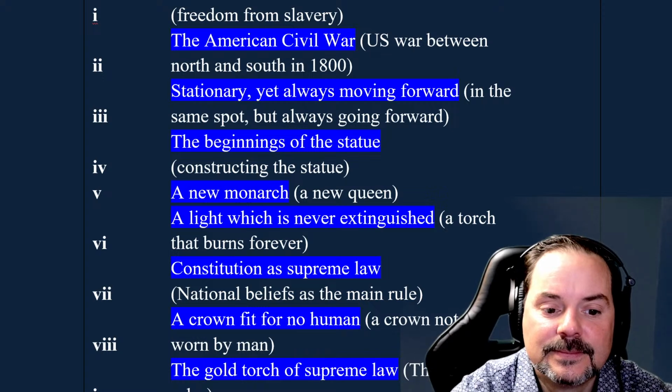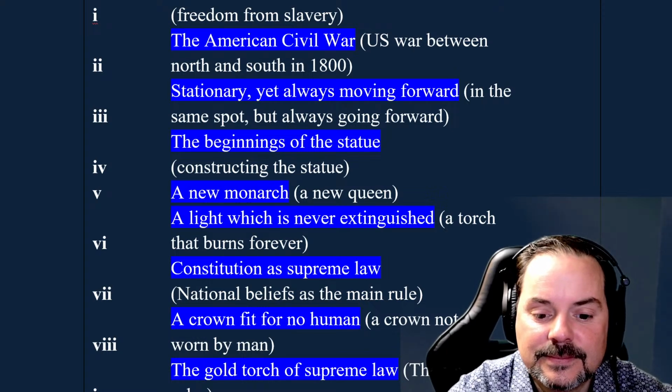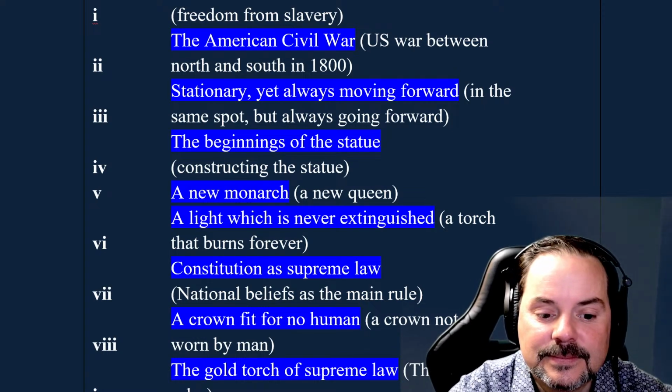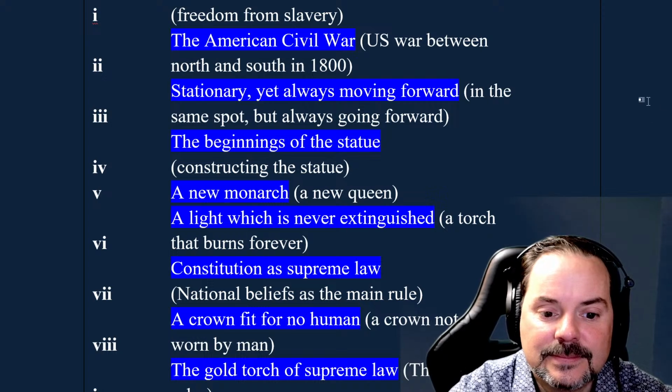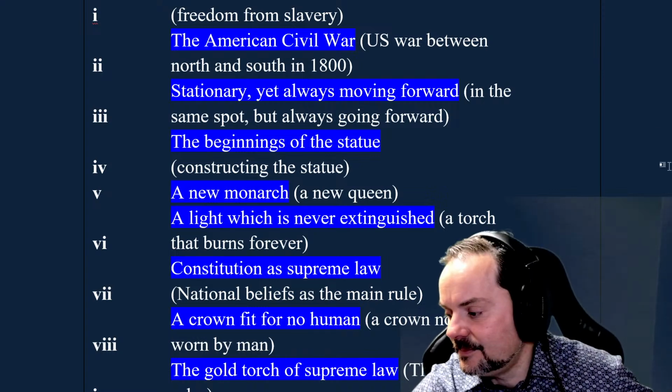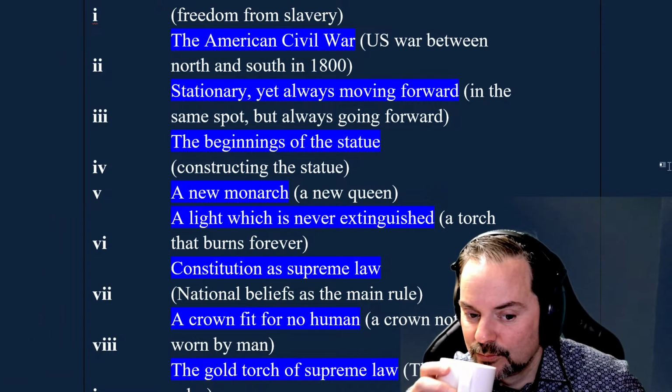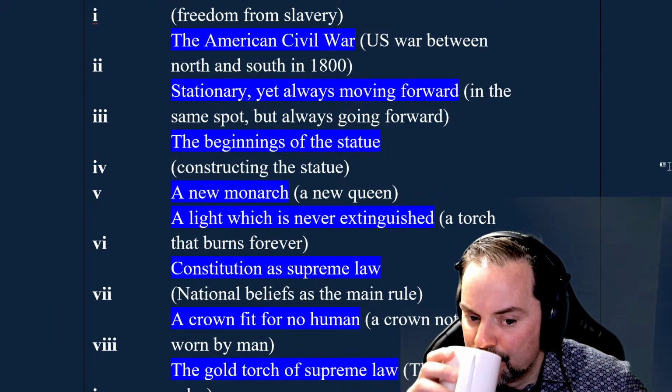The American Civil War. No, it is not. Stationary yet always moving forward. No, it is not. The beginning of the statue. No. A new monarch. Maybe. A light which is never extinguished. No. Constitution as supreme law. No. A crown fit for no human. This one.